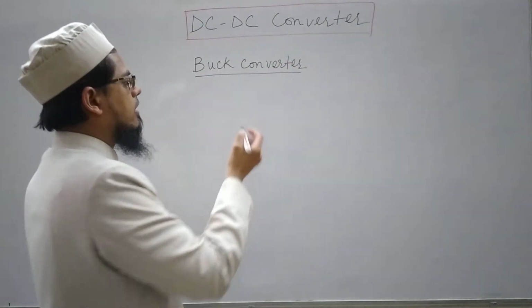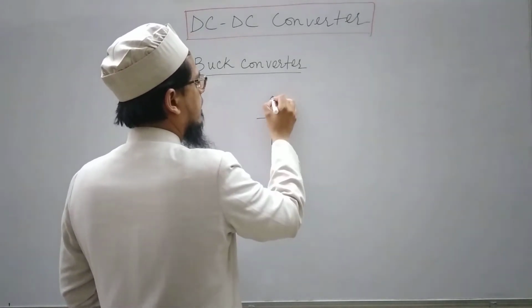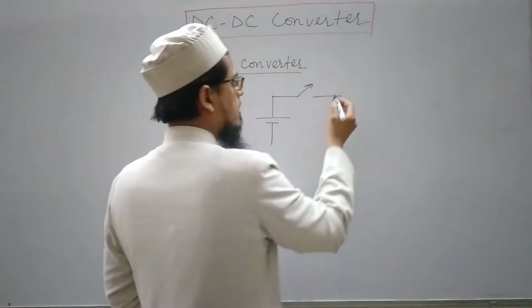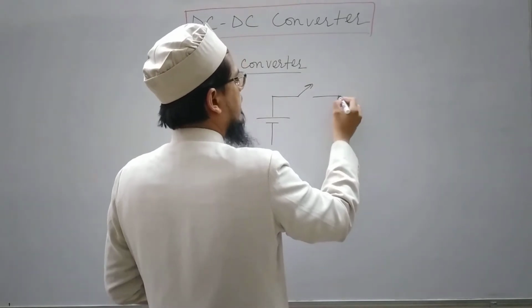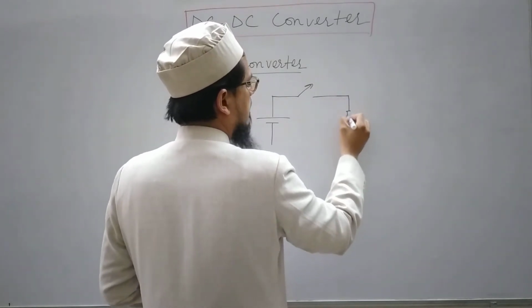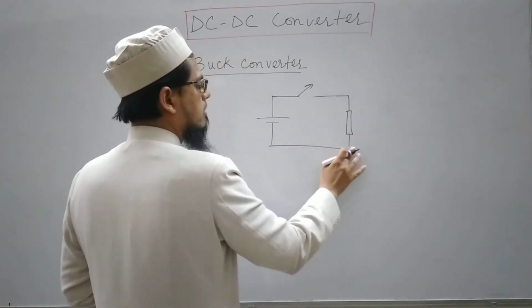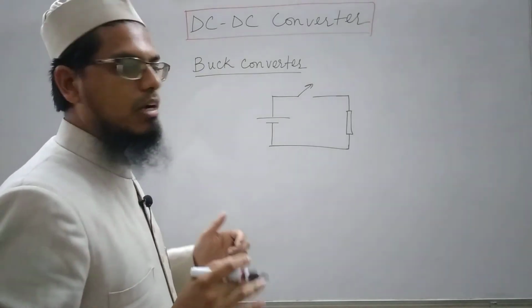Okay, a buck converter has got a switch here, and the ideal form of buck converter is the same thing which I have shown in the previous example. So this is the ideal buck converter.